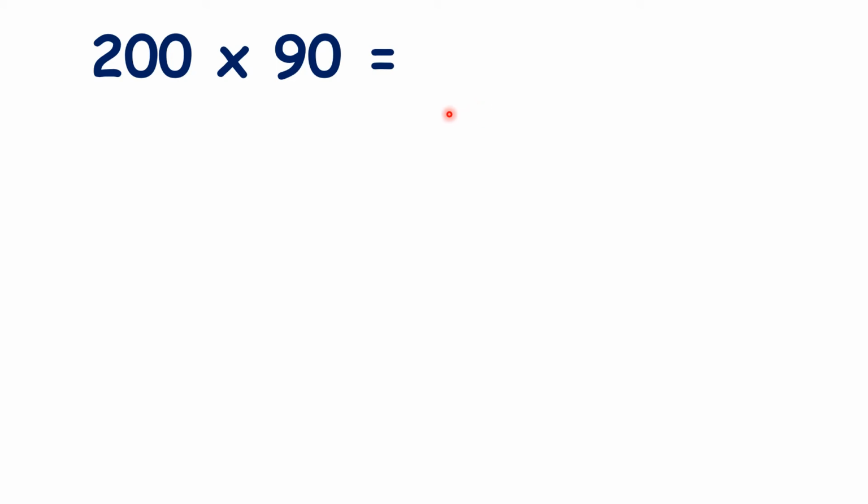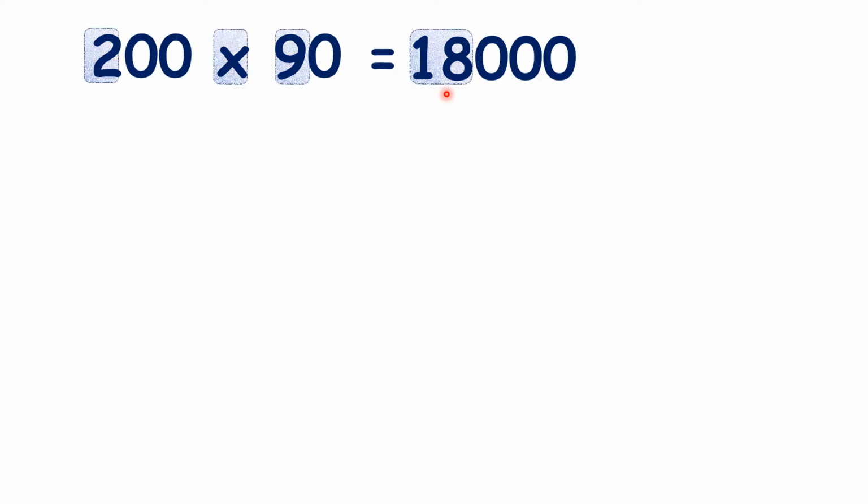So what is 200 times 90? 18,000, because 2 times 9 is 18. And then, because we have 3 end zeros in our question, we need 3 end zeros in our answer.